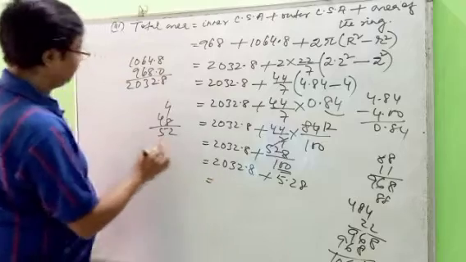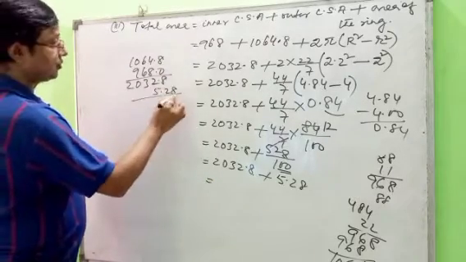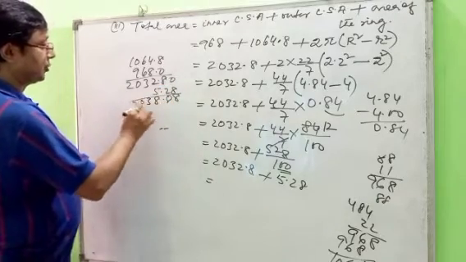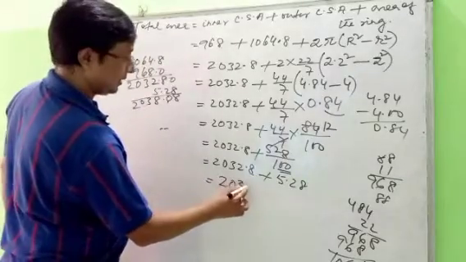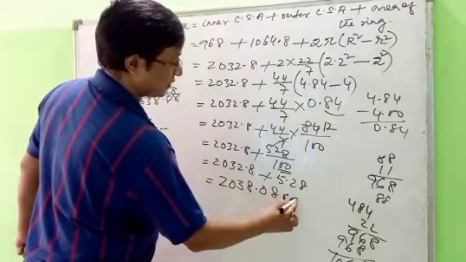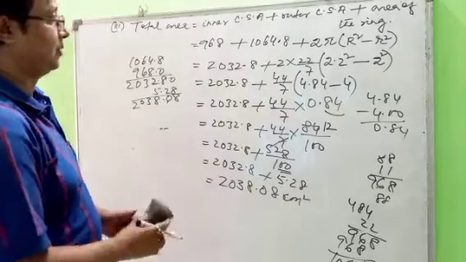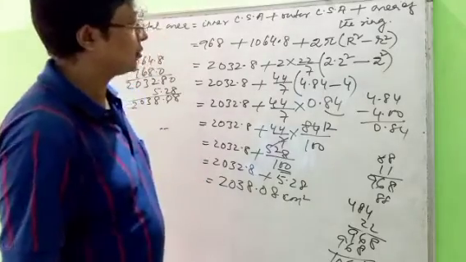So here now it will be 2032.8 plus 5.28, so it will be 2038.08 centimeters square. So this is the total area of the pipe. So the calculation you will need to practice. So this much for today. Thank you.